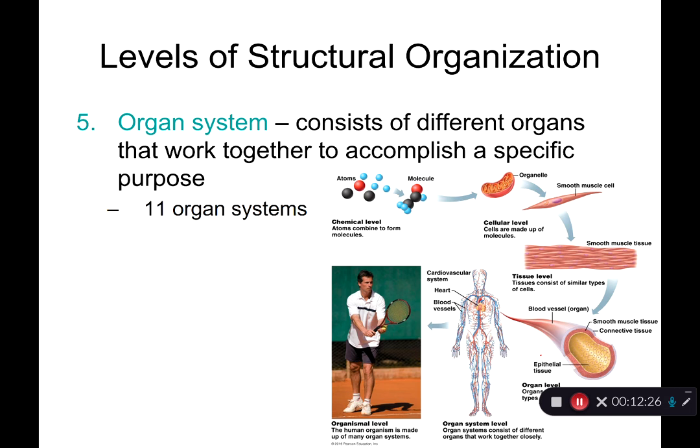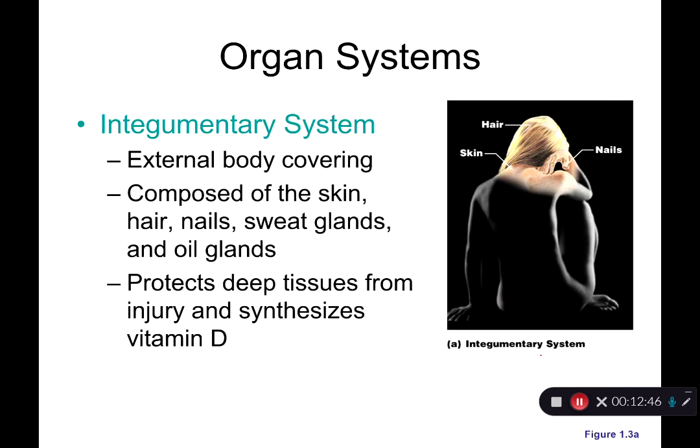And then in chapter 5, we start getting into our organ systems. We don't have a chapter with just organs. Instead, we go into organ systems. Anatomy and Physiology textbooks typically walk you through the levels of structural organization. So let's walk through our 11 organ systems. These are actually in the order that we're going to cover them this semester as well.